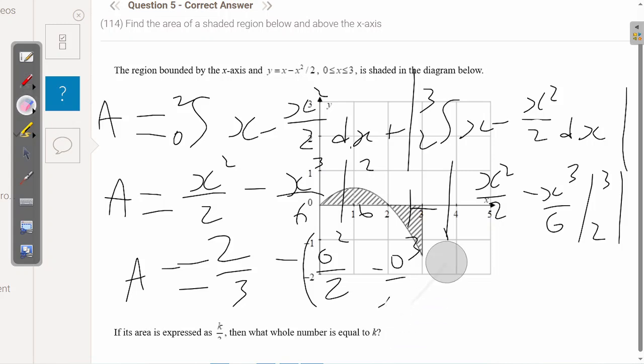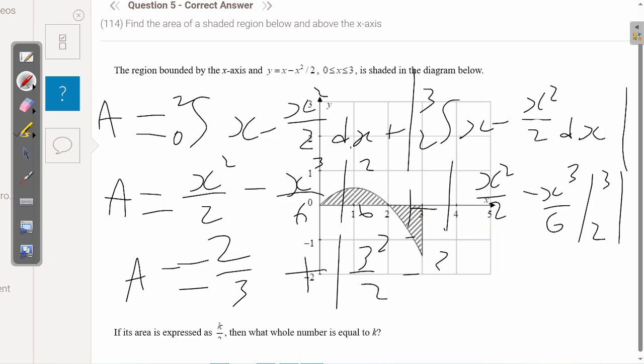This will just be 0, so 2 over 3. Okay, plus, now we start with the other integral, 3 squared over 2 minus 3 cubed over 6, minus 2 squared over 2 minus 2 cubed over 6.